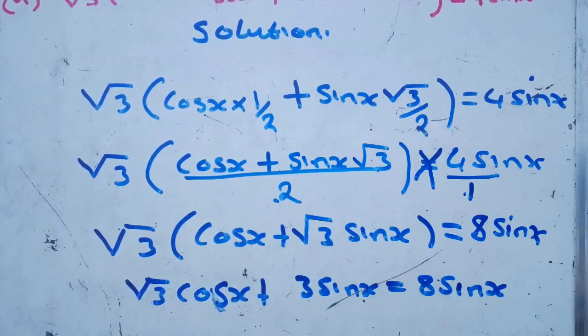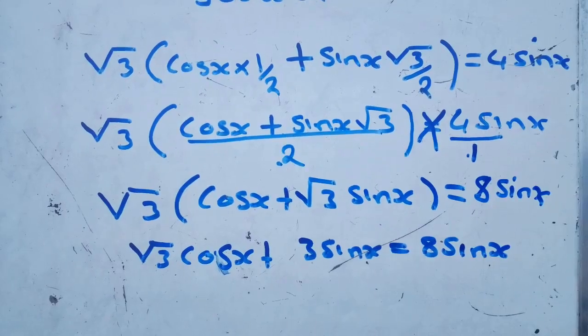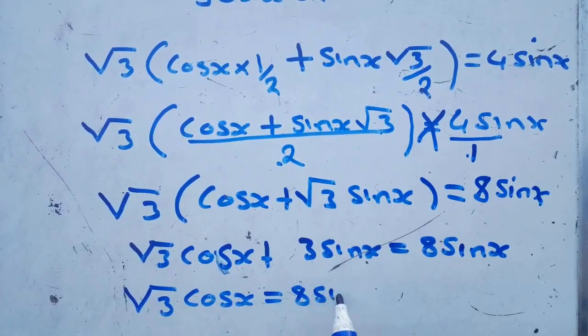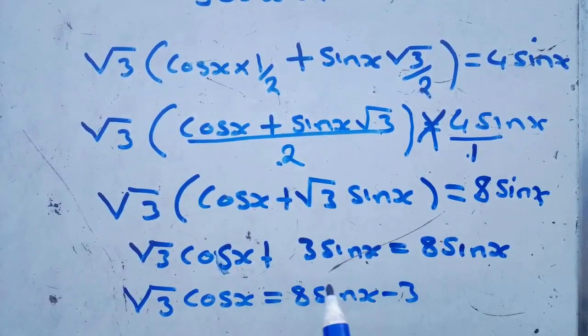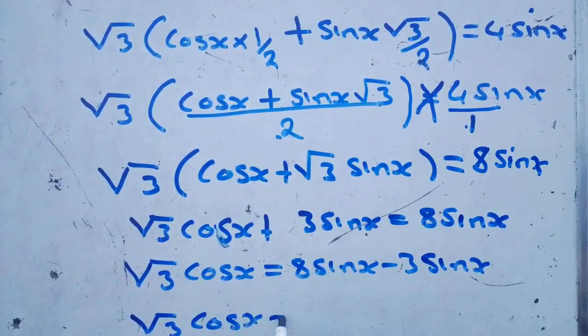So we have root 3 cos x is equal to 8 sin x minus 3 sin x, and 8 sin x minus 3 sin x is 5 sin x. So we have root 3 cos x is equal to 5 sin x.